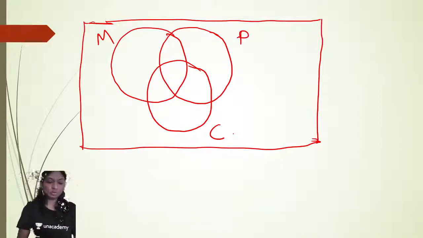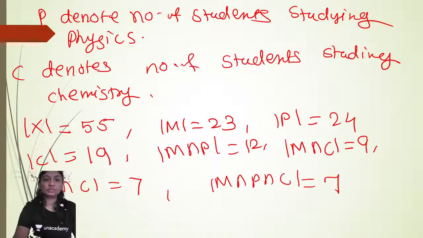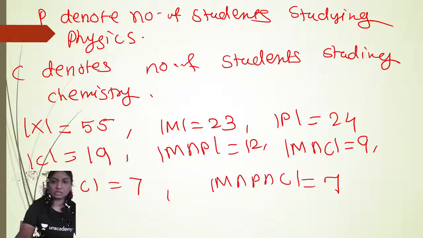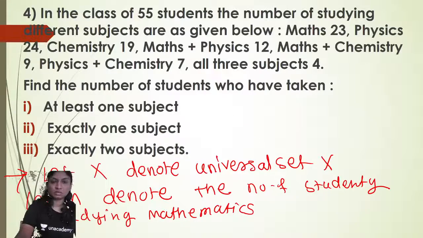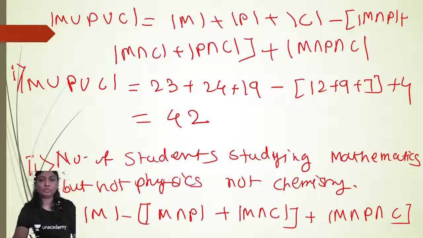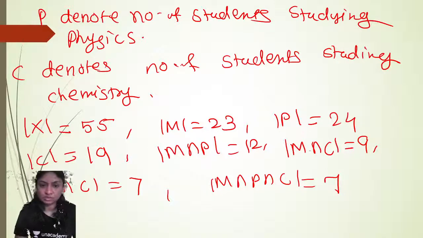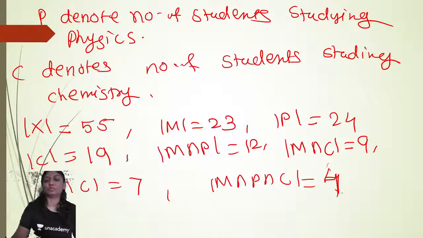Now how many students study all the three subjects? So M intersection P intersection C is equal to 4.